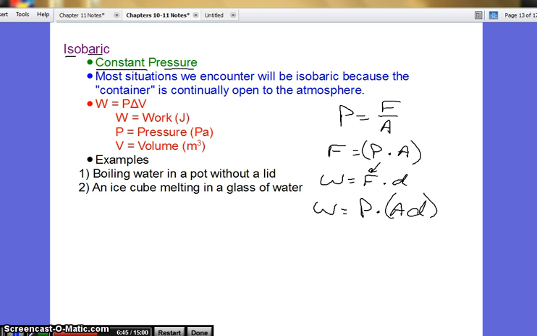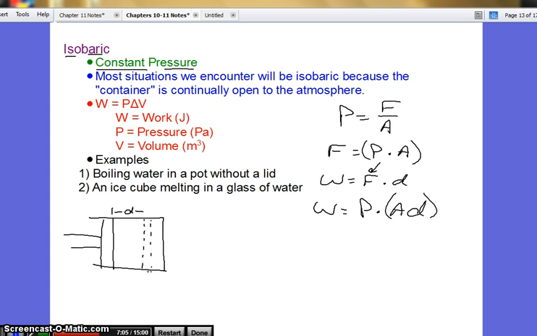And so if we look at one of our examples of what we had talked about before, a piston, let's say that we compress this gas inside the piston, and so we move it a certain distance here to a new location.